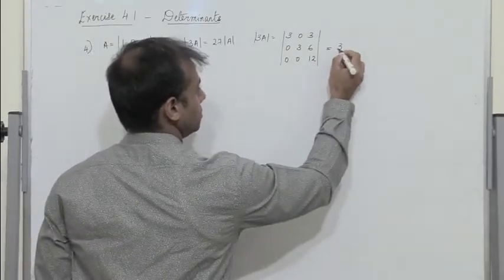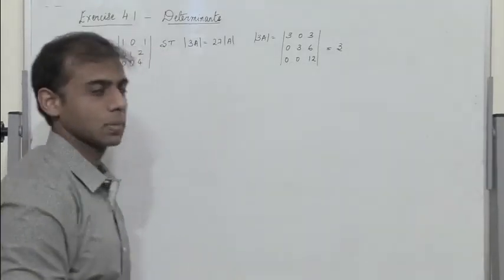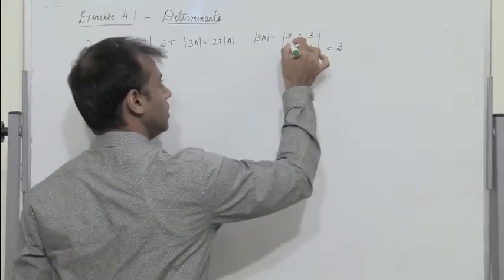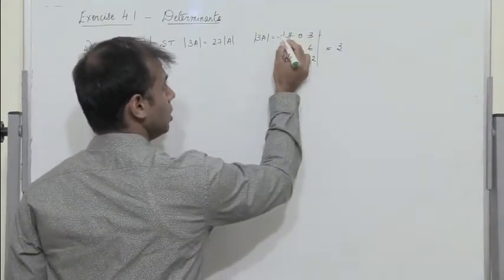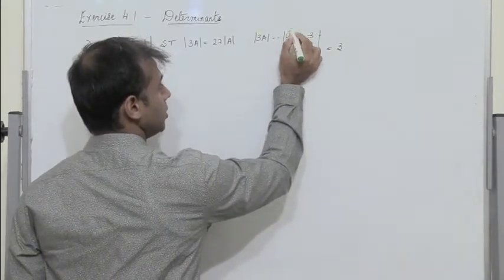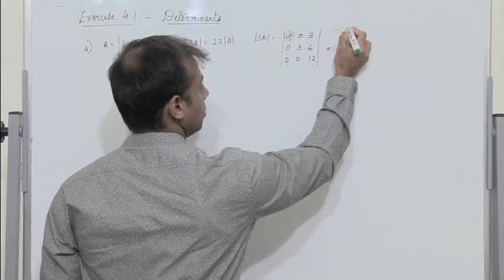So when I consider the first element here, I leave out the first column and the first row. This is the element present in the first column and first row, right? So I need to multiply this element with minus 1 whole power 1 1.